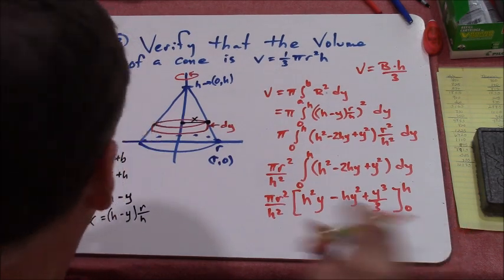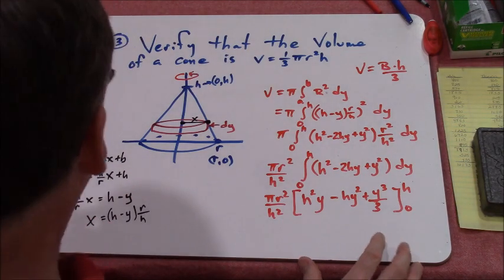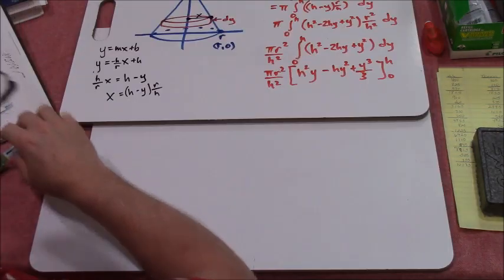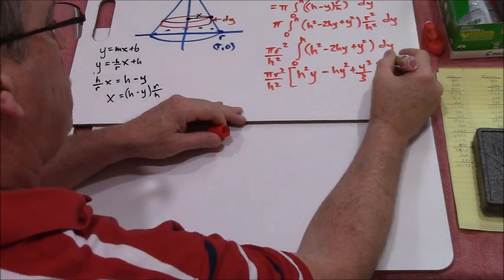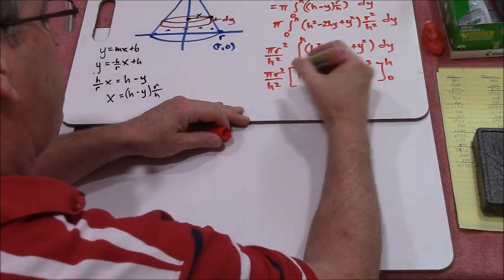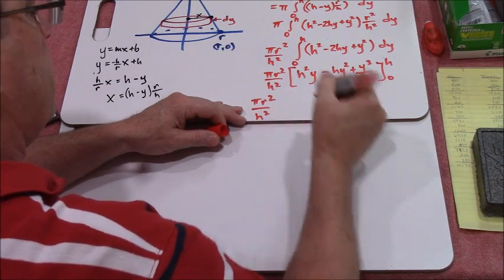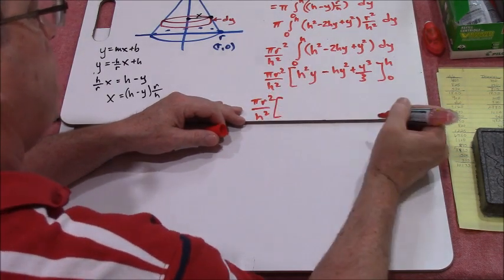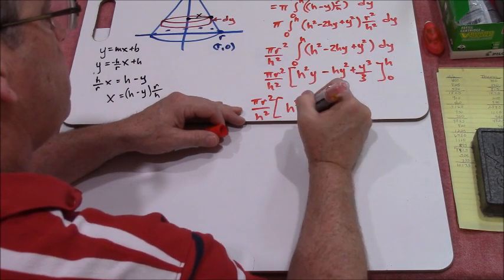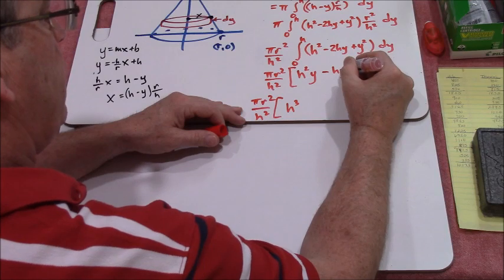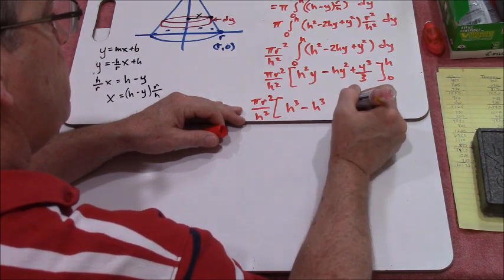All right, so let me get a little extra space here. I added another whiteboard so I would have a little more room. So if I plug in an h first, right here, I still have pi r squared over h squared times, plug in an h, I'm going to have h cubed. If I plug in an h here, I've got h squared times h, that's minus h cubed.